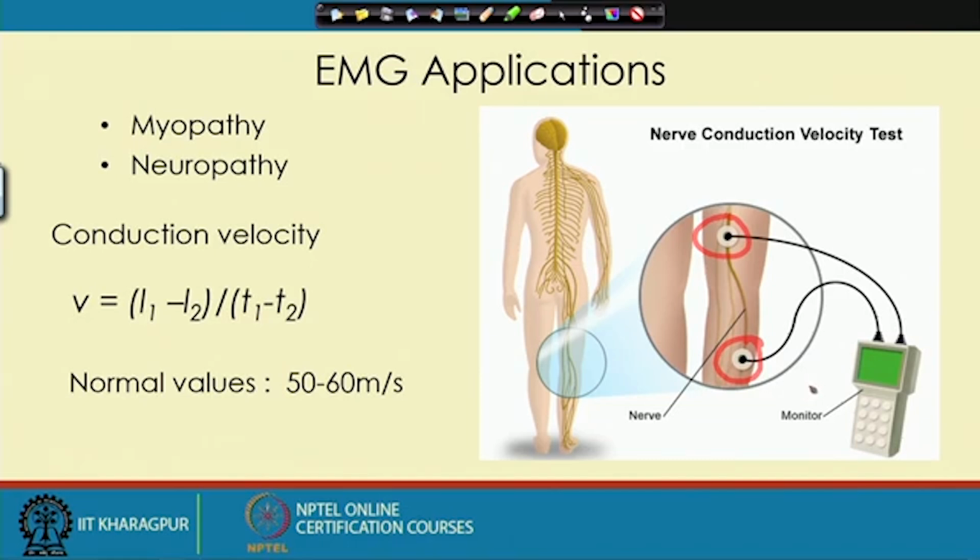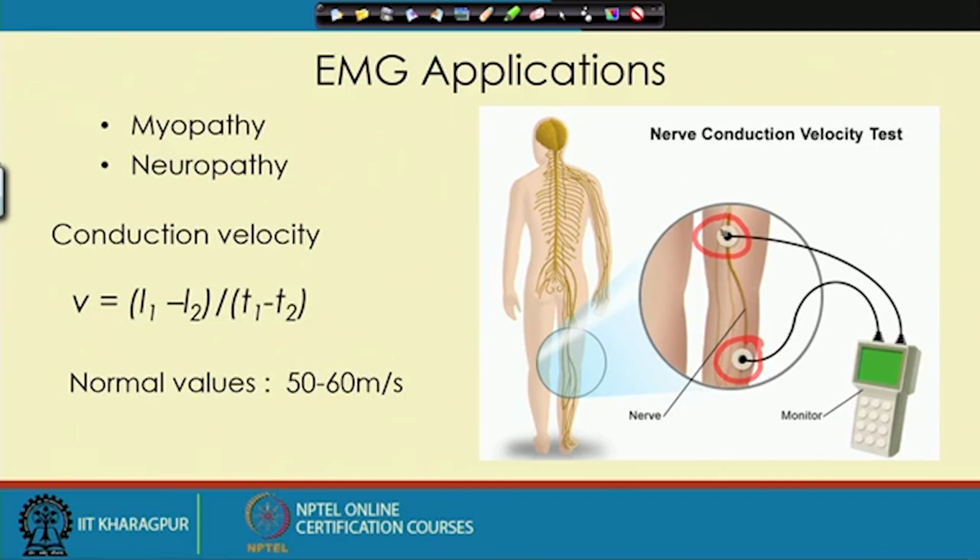Here the problem is in the leg muscle. So, in that nerve, about half a meter apart, two sensors are connected, and the signals are acquired from these two points.